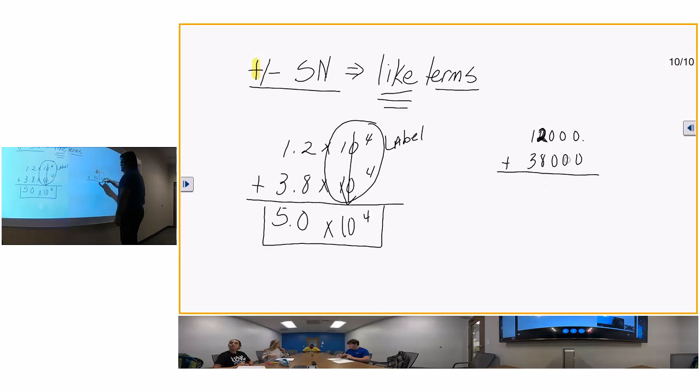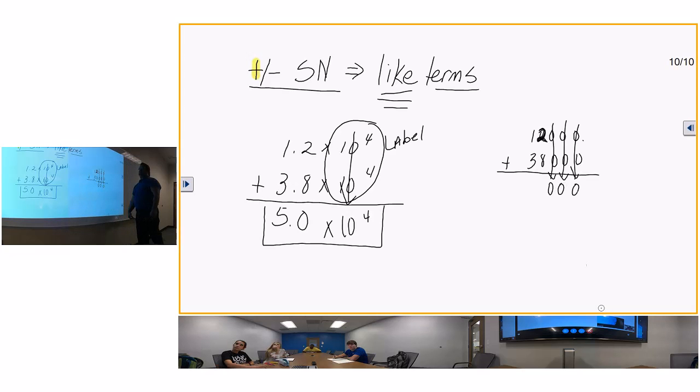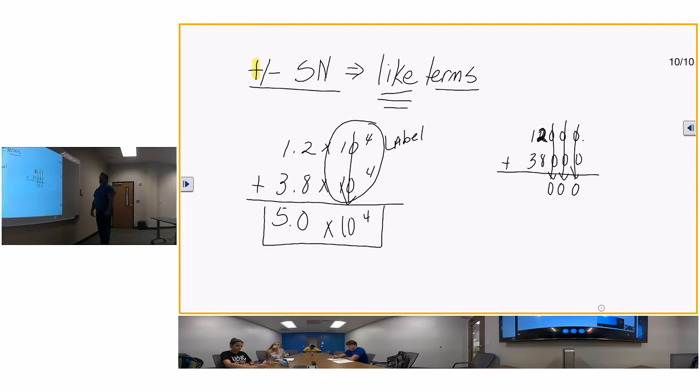What happens to those zeros? They just come down. And then what's 12 plus 38? 50. Which is 5.0 times 10 to the fourth.